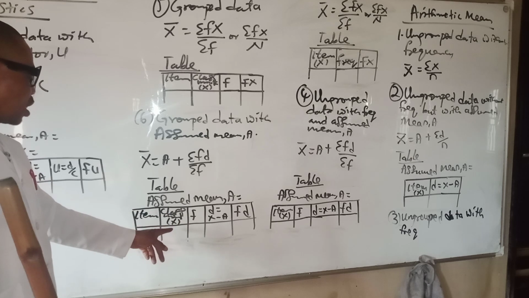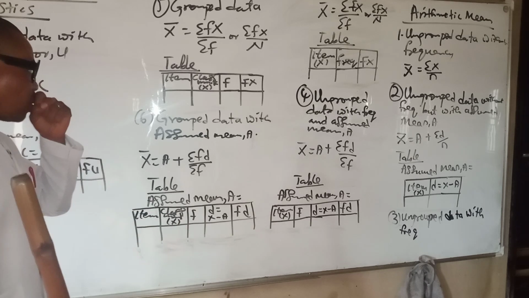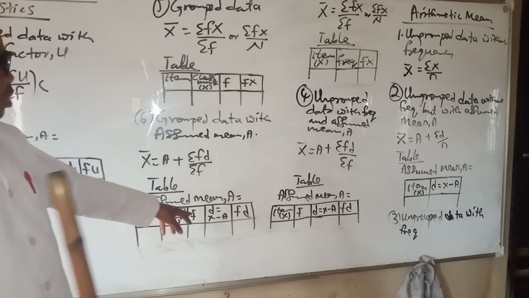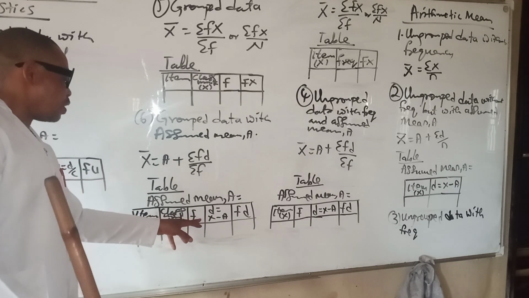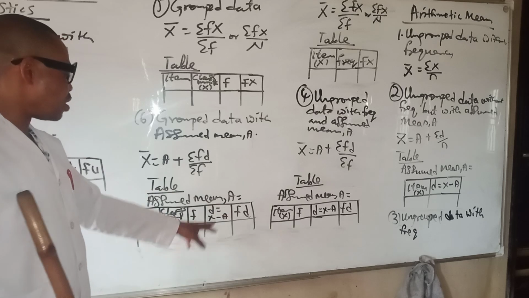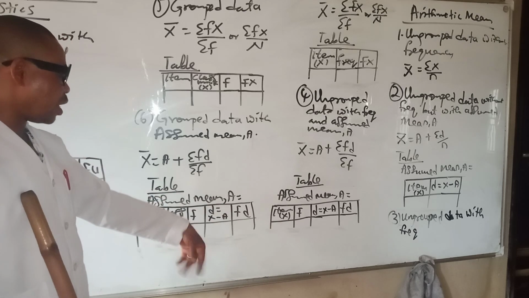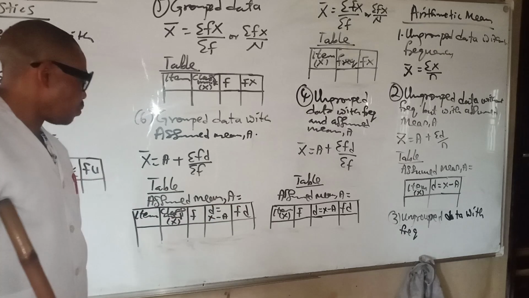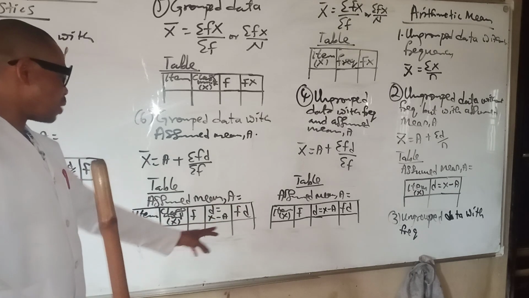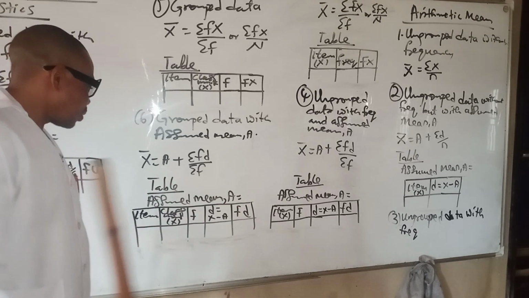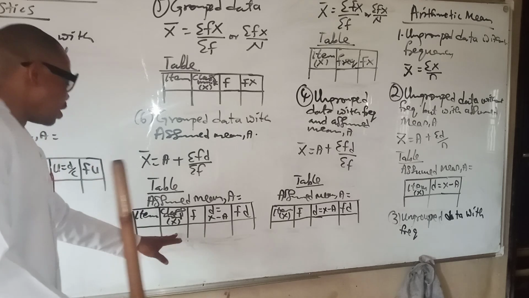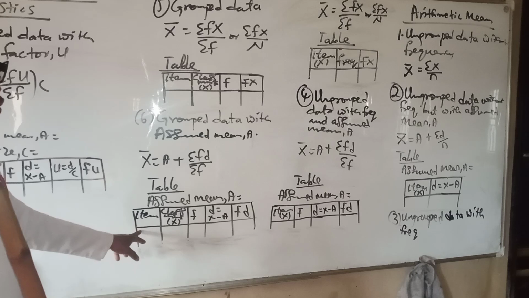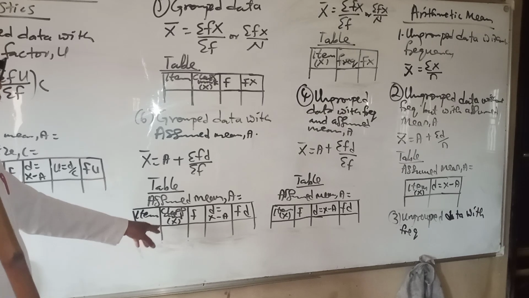Then class mark, representing x. Then the frequency column. D is calculated using x minus A. The fifth column is fd, this column times this column.